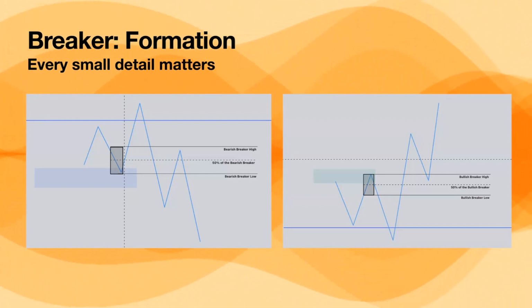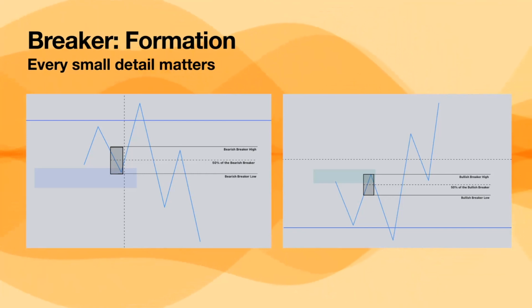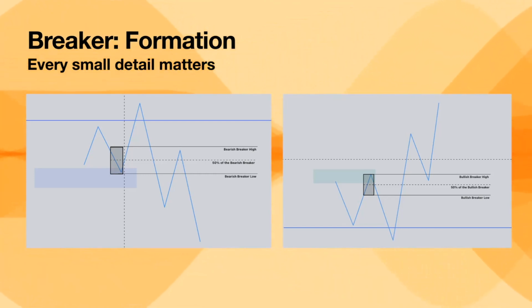So you have a high, a low, and then a higher high, and we need to see price close below that low. If it does not close below that low, it is not a breaker. That invites the usage of fair value gaps and order blocks within that broken range.